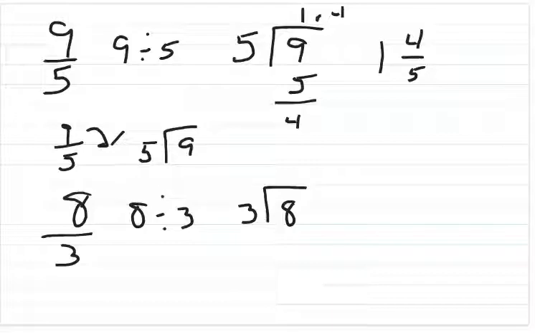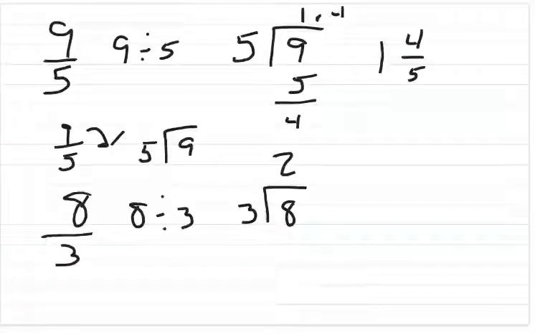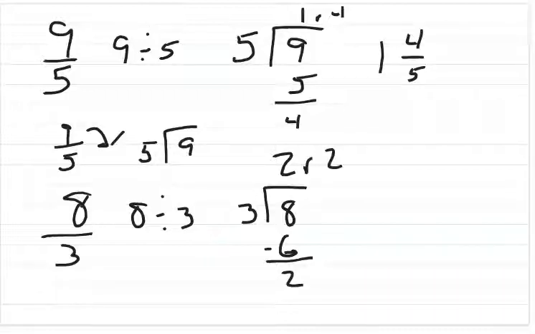So how many 3s are there in 8? 2. Sorry about that. 2. And 3 times 2 is 6. 8 minus 6 is 2. So I get 2, remainder 2, which turns into my whole number 2. My remainder becomes my new numerator, 2, and my denominator stays the same, 2/3.